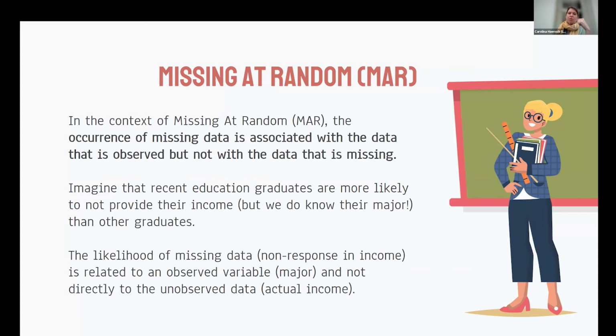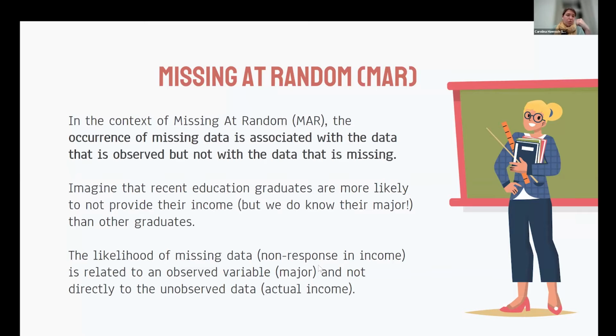But there we notice that graduates from education programs, so people who want to be teachers, are more likely not to provide their income. And from the data, we know for each graduate which major they took in college. So we know, okay, those are education graduates, but a lot of them don't give us their income.